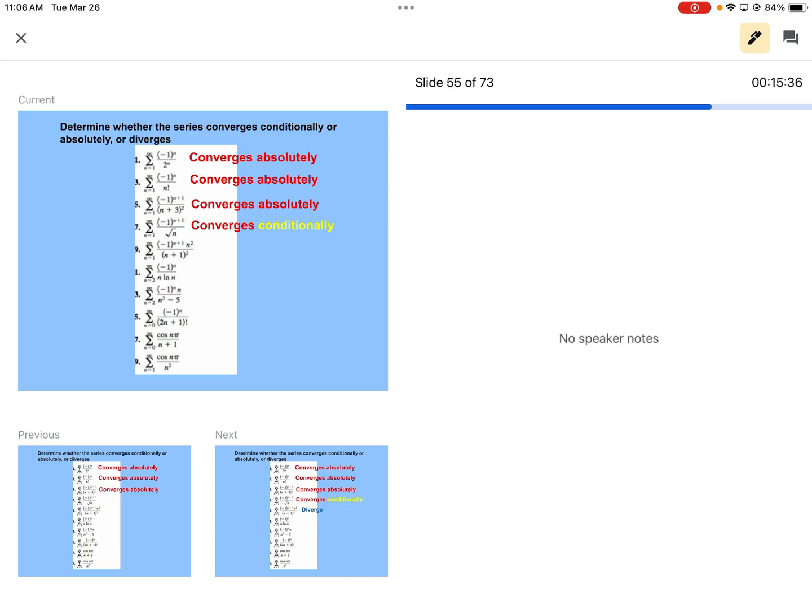But then, right, it would converge conditionally? Would it? I believe so. Well, think about the limit as n approaches infinity. Is that going to be 0? So remember, if the limit doesn't equal 0, you stop the alternating series test. Because what does it do? It diverges. So this whole thing diverges.